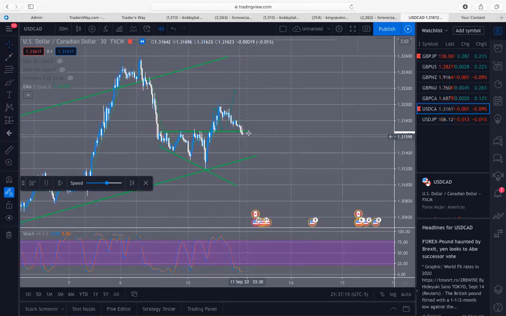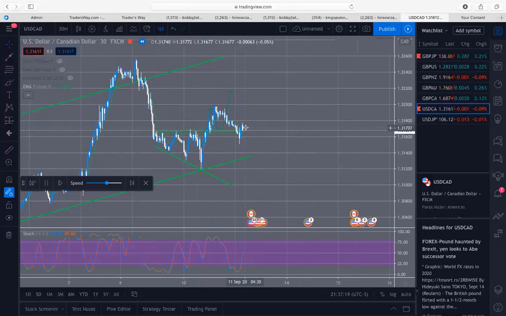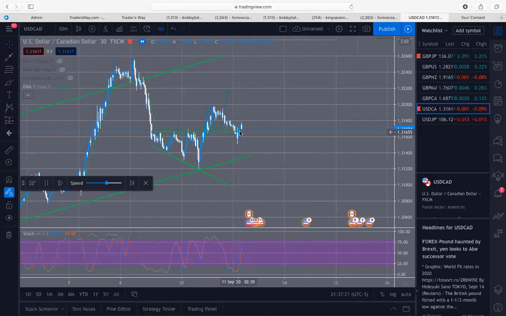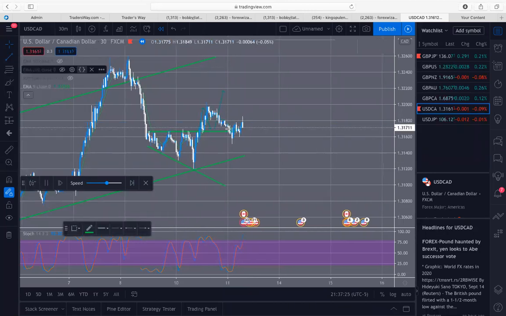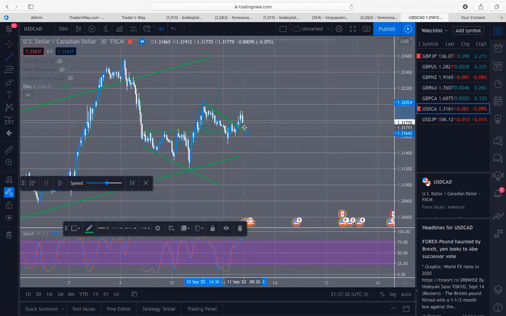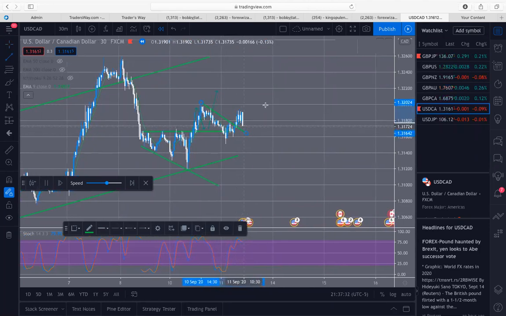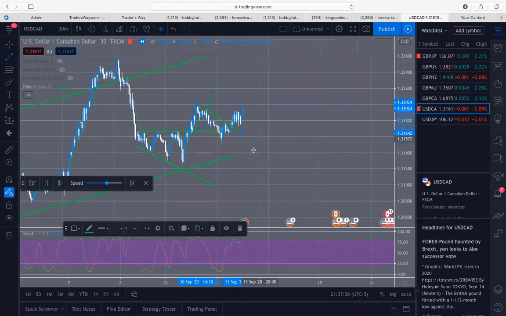So now this is the area where the market really came back to retest. Look at that. Came right back to retest. Broke this trend line. Now retested the trend line. And then now we can expect the market to go ahead and make some higher highs.